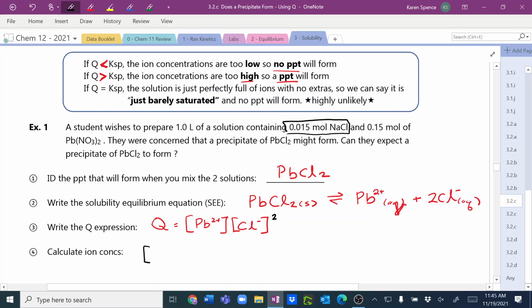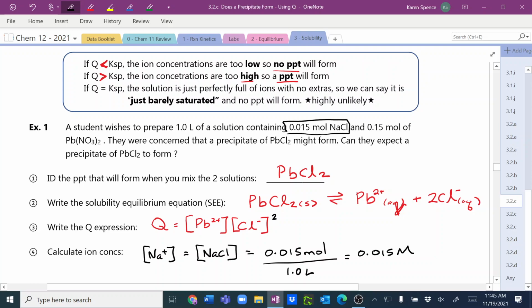I want you to say concentration of Na+ is equal to the concentration of NaCl, which is 0.015 moles per 1.0 liters. So we have 0.015 molar.